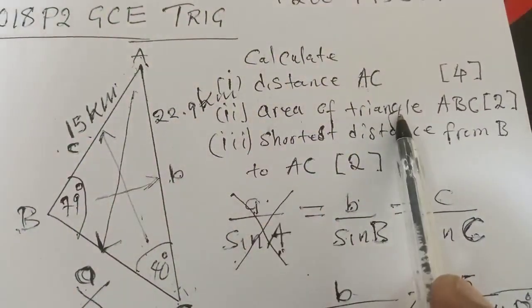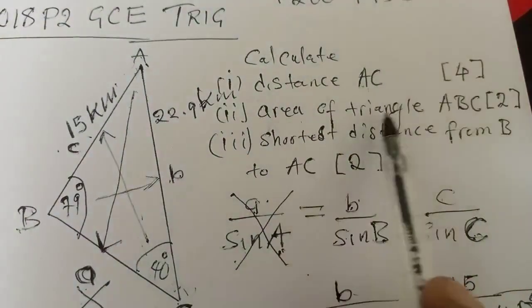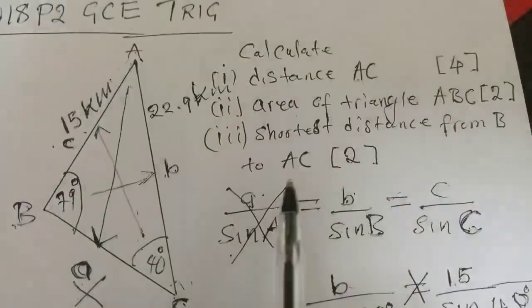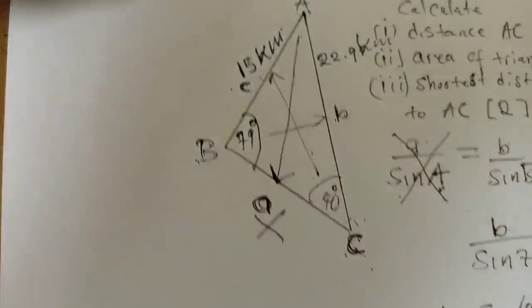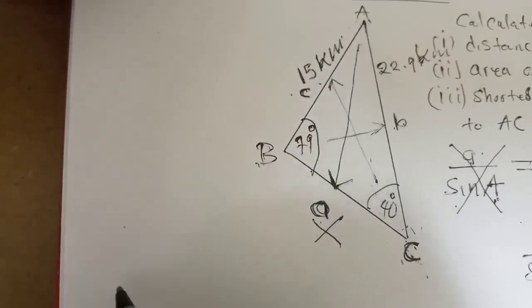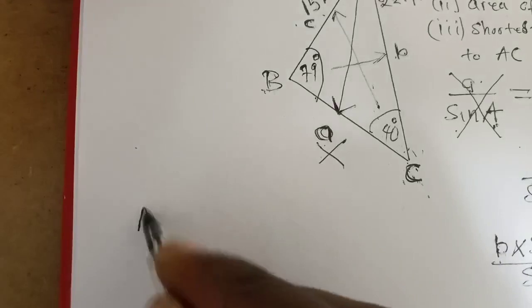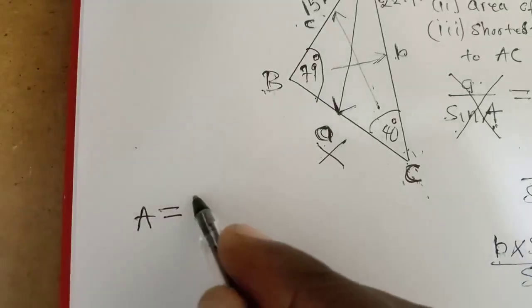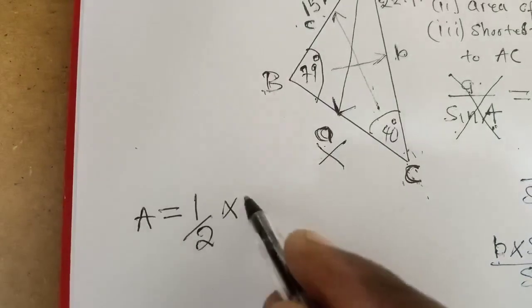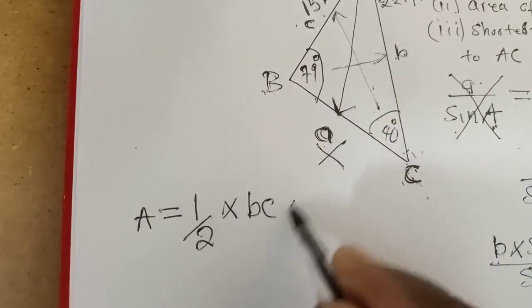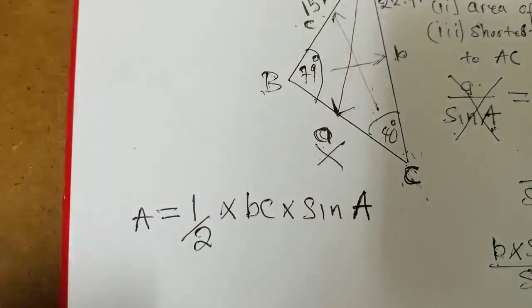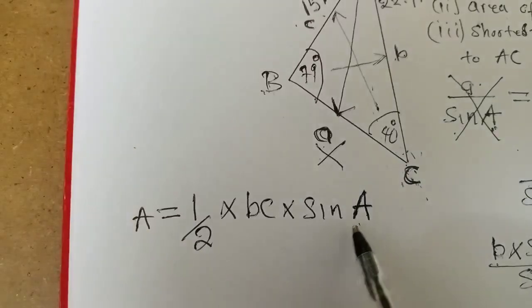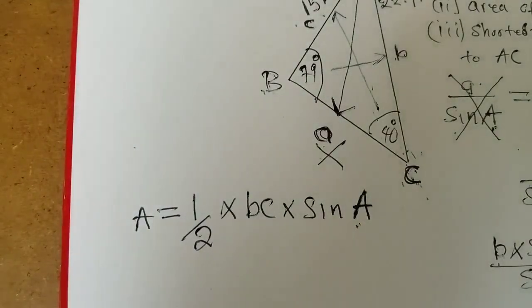So the area of this triangle here, you remember the formula I taught you in the previous video, that the formula for the area is A is equal to 1/2 multiplied by BC multiplied by sine A. And I said that this A represents the angle.